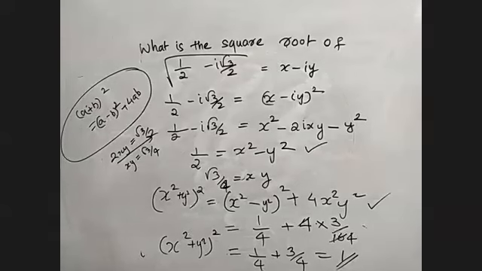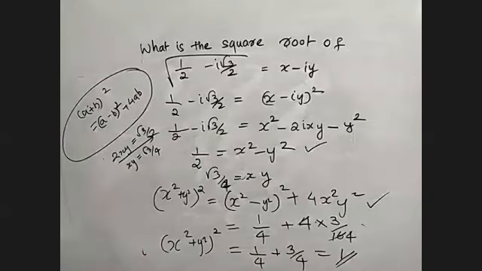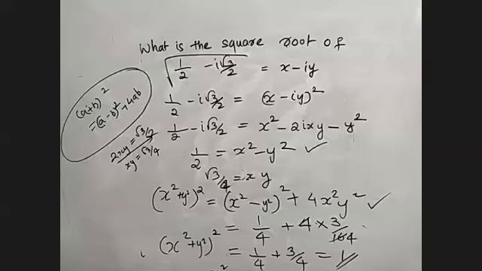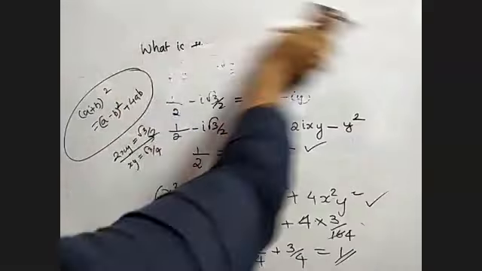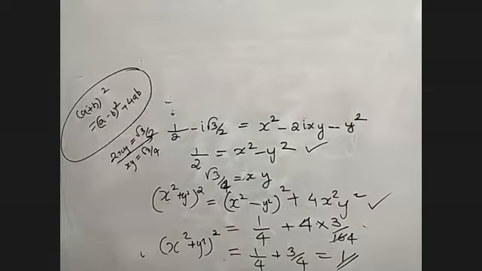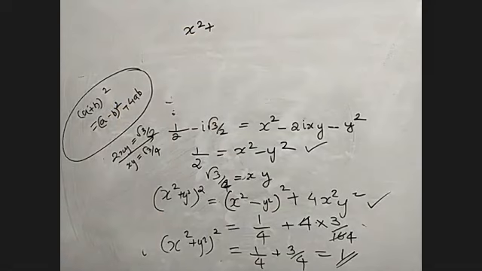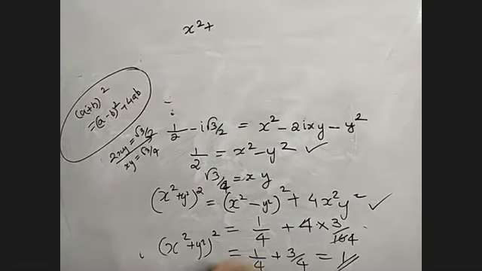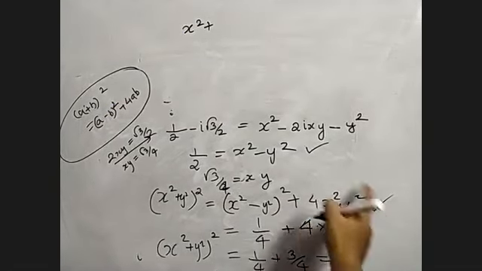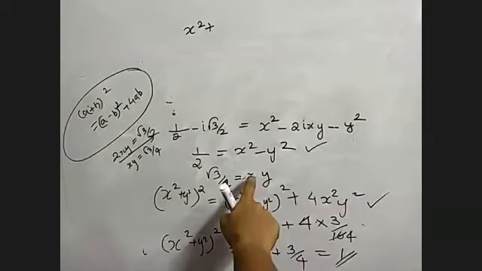Okay. So what I have now? I have now x square plus y square. The square of 2xy is also 4x square y square. I just substituted for x square y square from here.